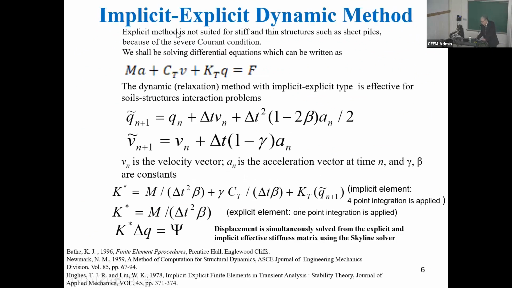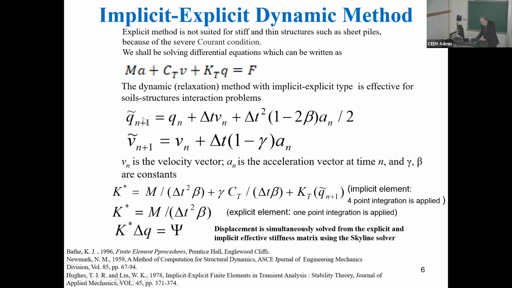Explicit method is not suited for stiff and thin structure, such as sheet pile, because of the severe Courant condition. So we shall be solving a differential equation which can be written as C, V, K, Q equals dynamic method, or dynamic relaxation method with an implicit explicit type in effect, to solve structure interaction problem.